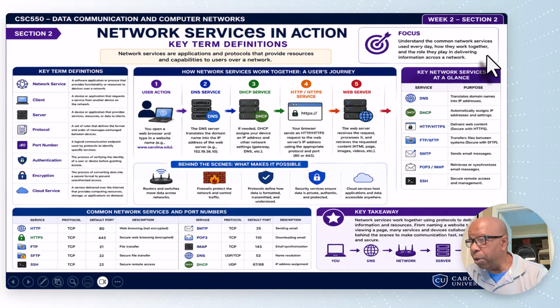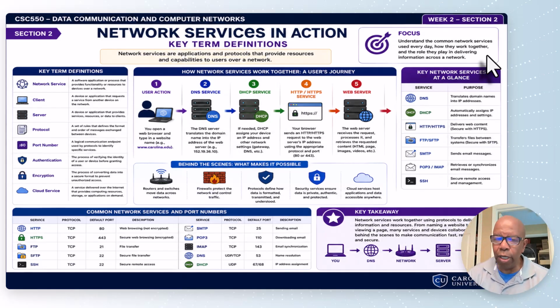Here, network services at a glance. DNS transforms a domain name to an IP address. DHCP automatically assigns IP addresses and settings. HTTP and HTTPS deliver web content. FTP and SFTP transfer files between systems.